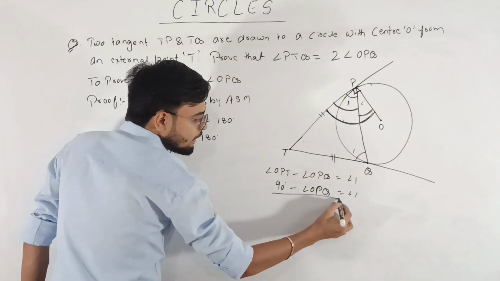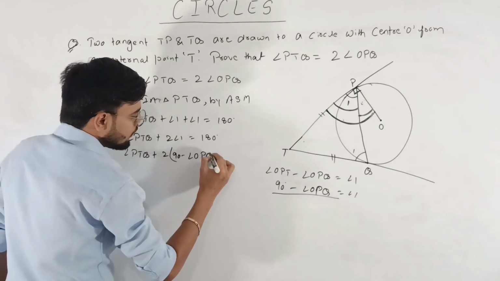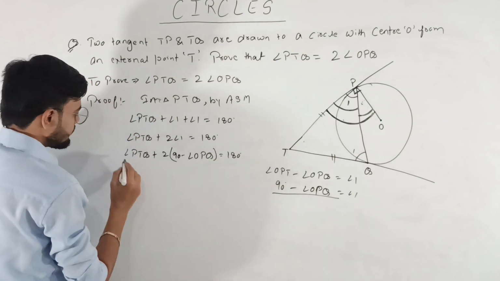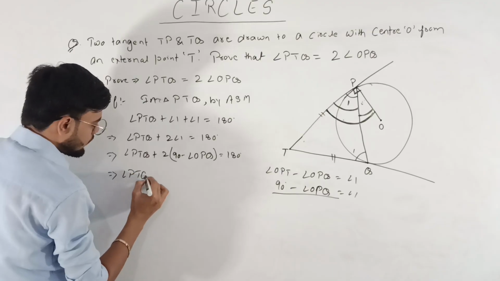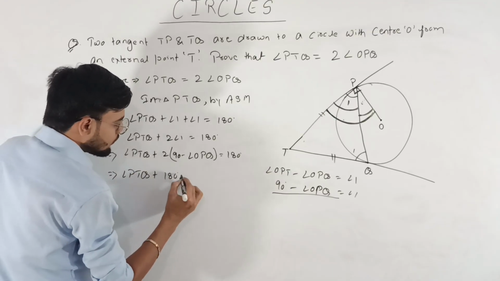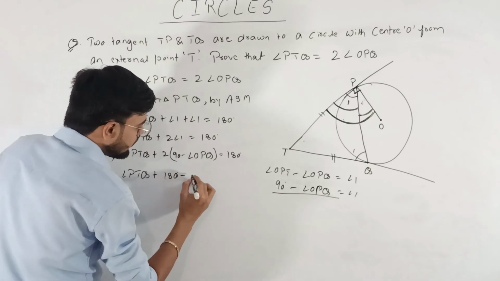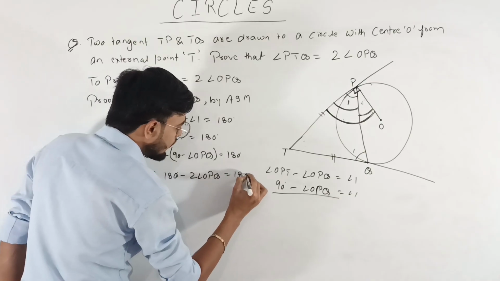So angle PTQ plus 2 times 90 minus angle OPQ is equal to 180 degrees. So angle PTQ plus 90 into 2 is 180 minus 2 of angle OPQ is equal to 180 degrees.